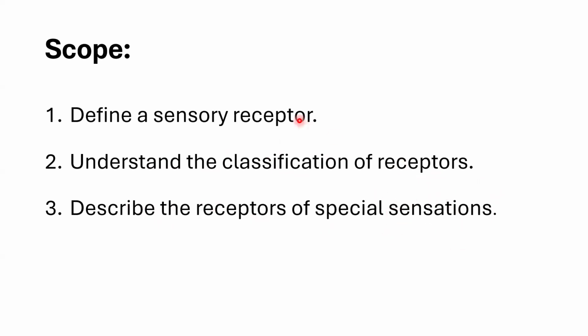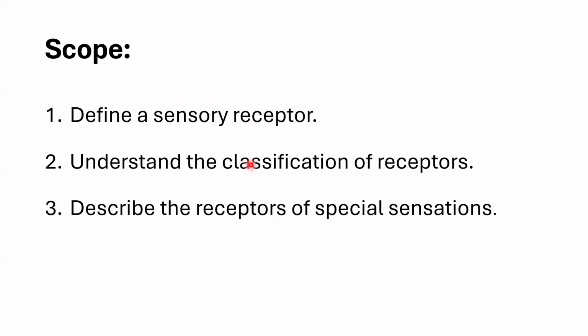So what is a receptor? A receptor is a cell or any structure that is able to perceive sensory sensation and can also transduce. Remember, there are about 5 to 6 characteristics of a sensory receptor. Once again, I will refer you to the video on general sensation for these characteristics.